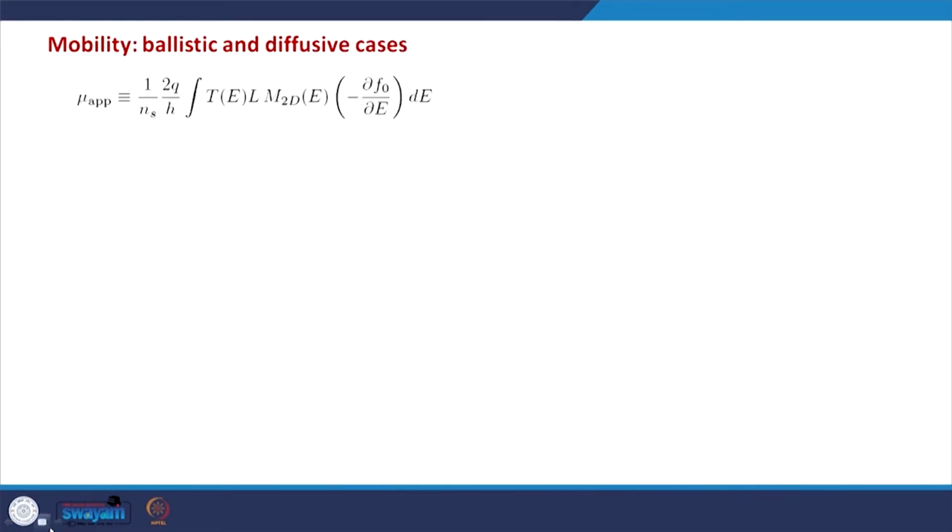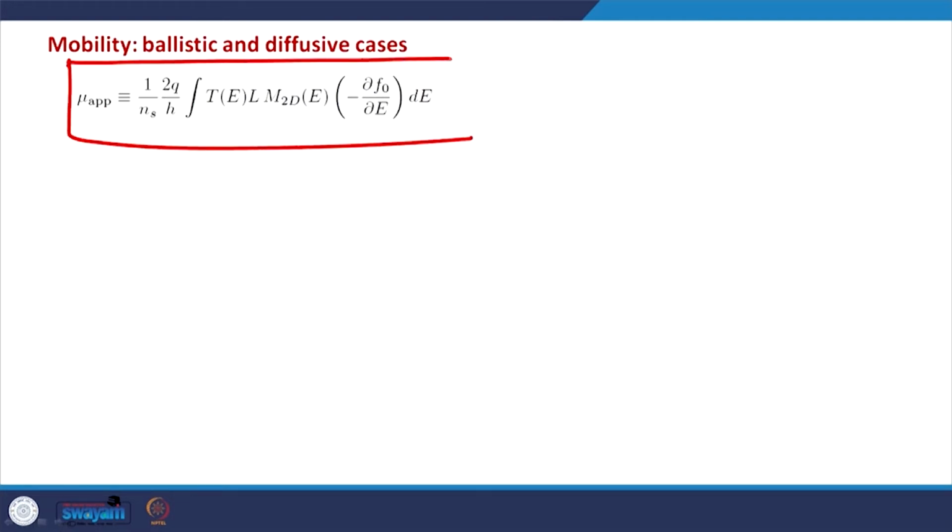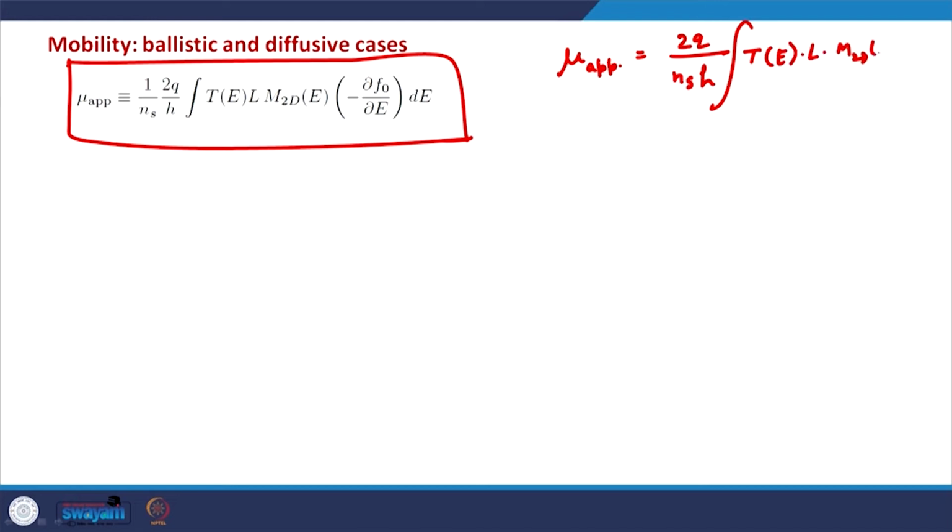So this becomes the starting point for calculating the mobility of charge carriers in a material. The apparent mobility is given as 2q by ns h, integration over T(E) L M2dE into minus del f by del E into dE.